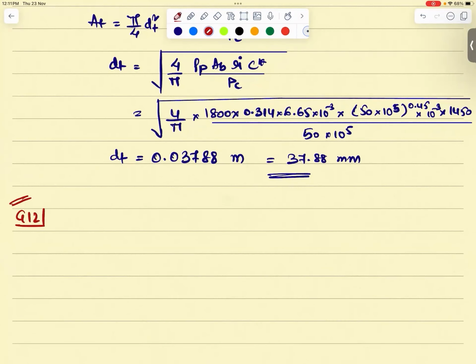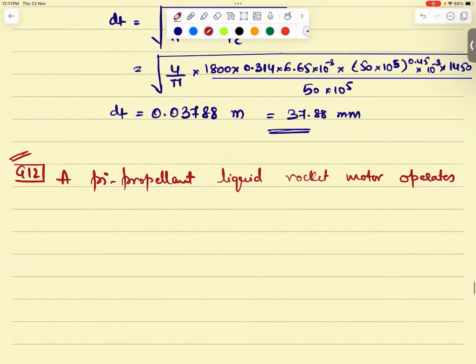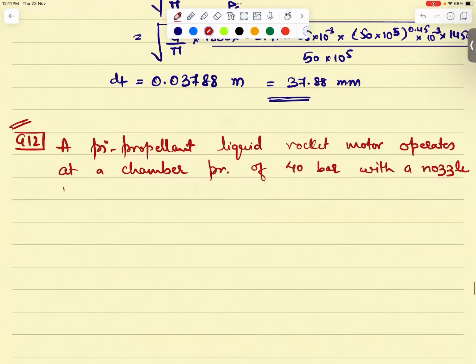Everyone, GATE 12. A bipropellant liquid rocket motor operates at a chamber pressure of 40 bar with a nozzle throat diameter of 50 mm.